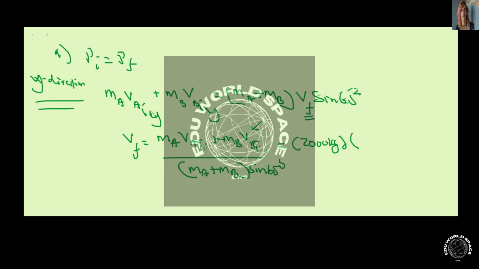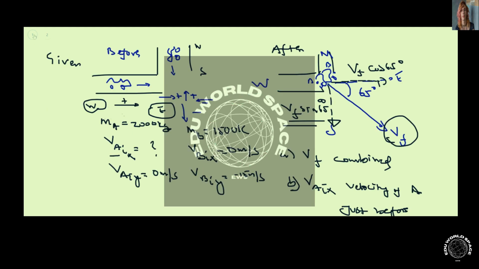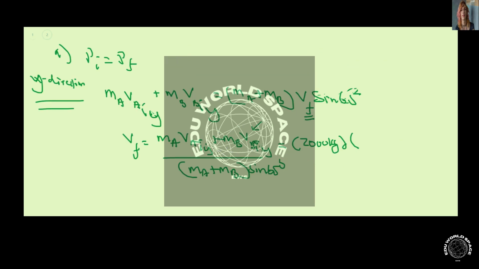And then also we have initial velocity y of B. So this is 2,000 kilograms. Initial velocity of A in the y direction is 0 meters per second. So that's how we're doing this one. And then we add it to the mass of B, which happens to be 1,500 kilograms.